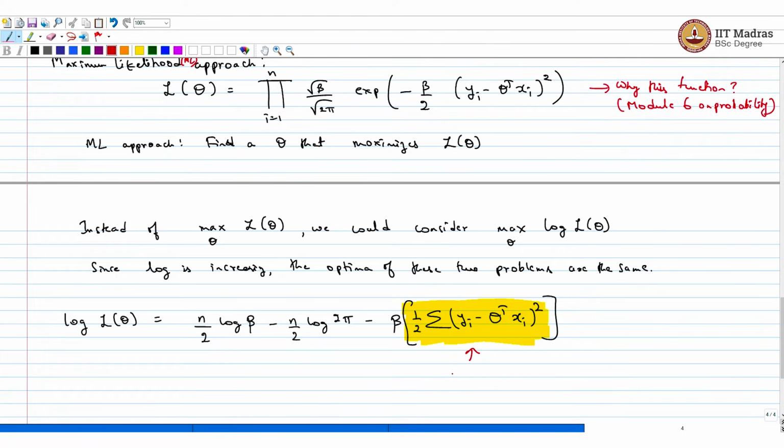Now, this function is the least squares objective.